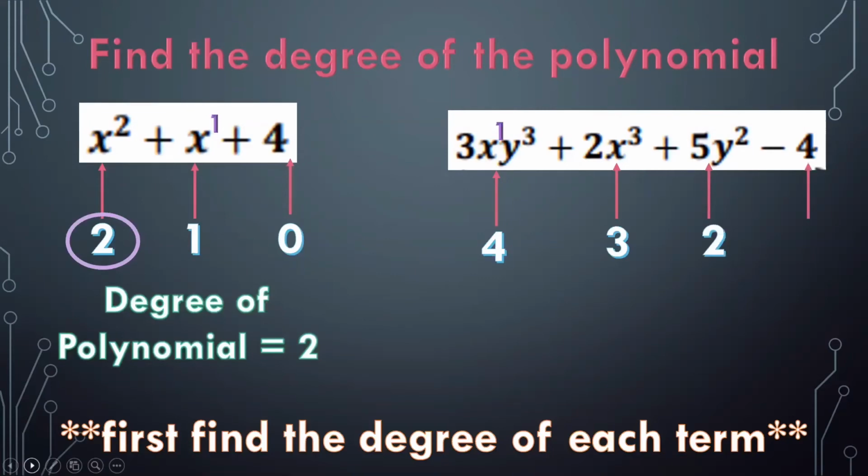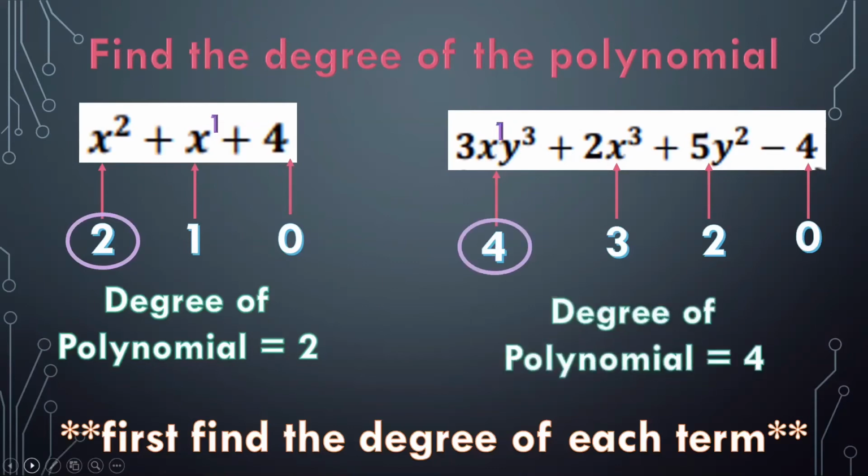And again, I have a degree of 0. So the largest degree here is 4. So the degree of this polynomial is 4. If I were to give it a specific name, my polynomial with the degree of 2, that's a quadratic. Then I come over to this other polynomial with the degree of 4, that's a quartic polynomial. Is it all coming together how those names come into play?